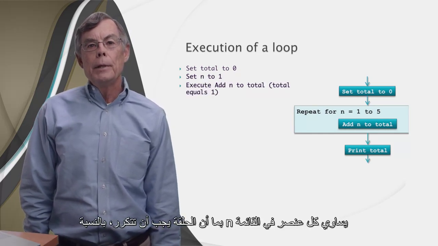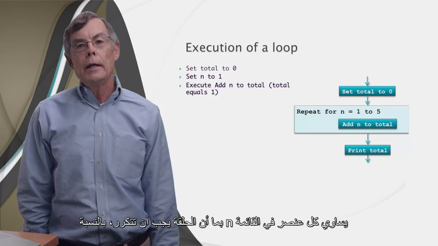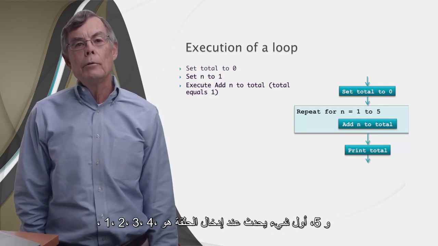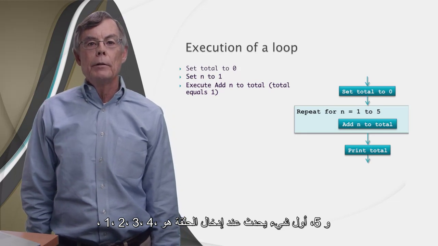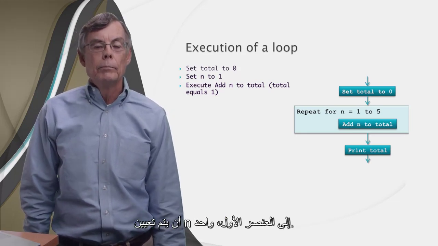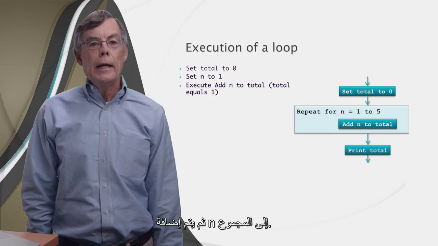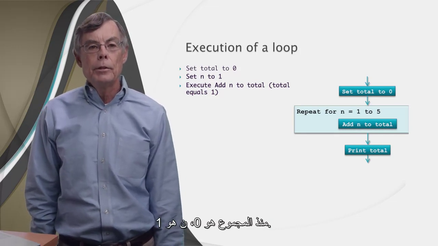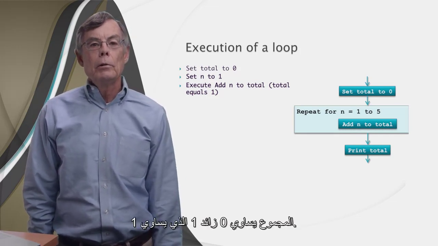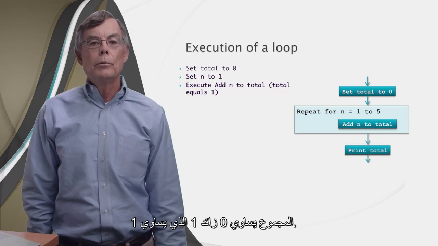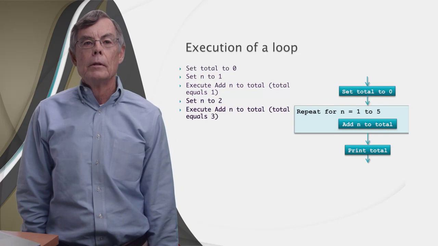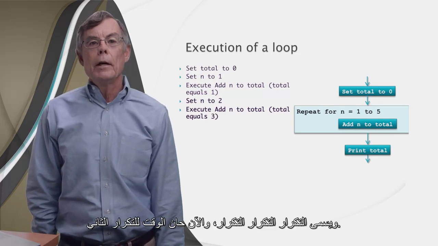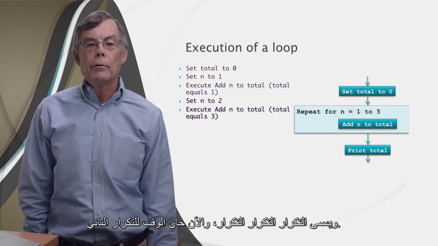Since the loop must repeat for n equal to each item in the list 1, 2, 3, 4, and 5, the first thing that happens when the loop is entered is that n is set to the first item, 1. Then n is added to the total. Since total is 0, n is 1, total equals 0 plus 1, which equals 1. That completes the first repetition of the loop. A repetition is called an iteration, and now it's time for the second iteration.